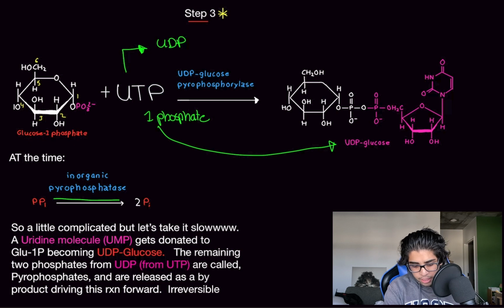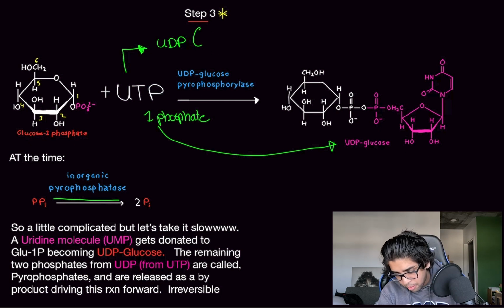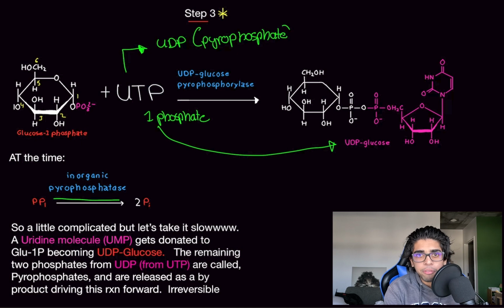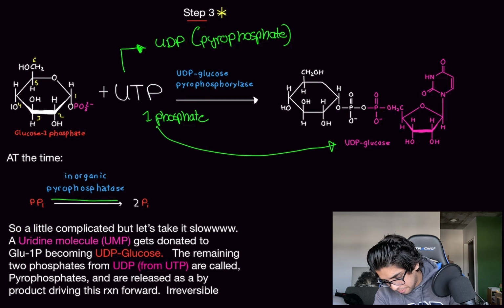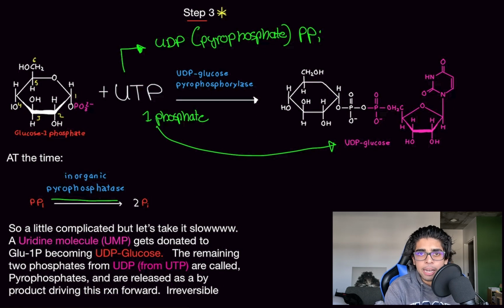This, we call pyrophosphate. It's a fancy name, actually. And this is abbreviated as PPi.